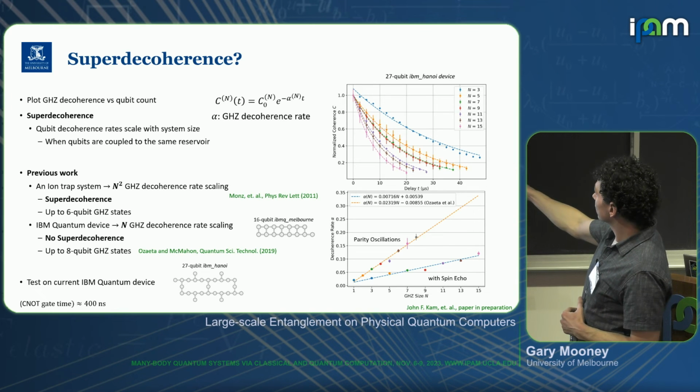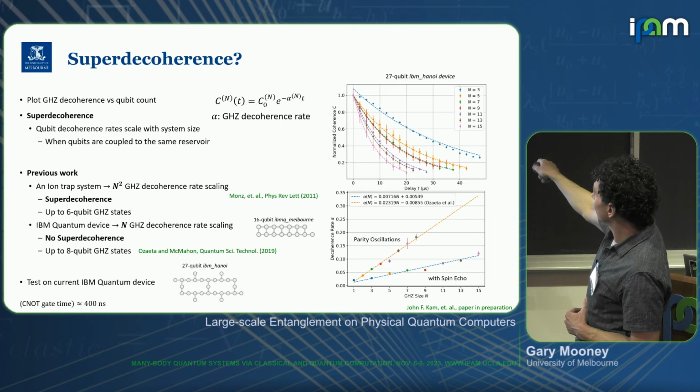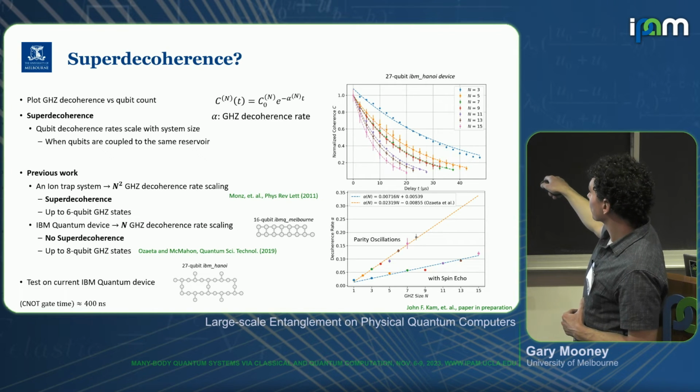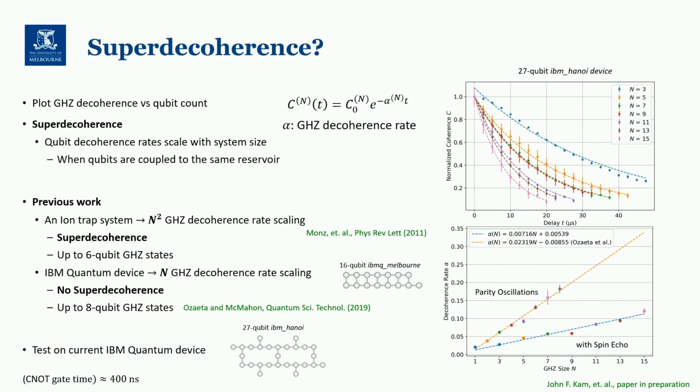And so this is what we get. We've got these decay curves that depend on the number of qubits. If you now calculate that decoherence time and plot it against the number of qubits, you can see that this previous result is this orange curve here, and this is our new one. It's still linear, which means there's still no super decoherence, which is great.